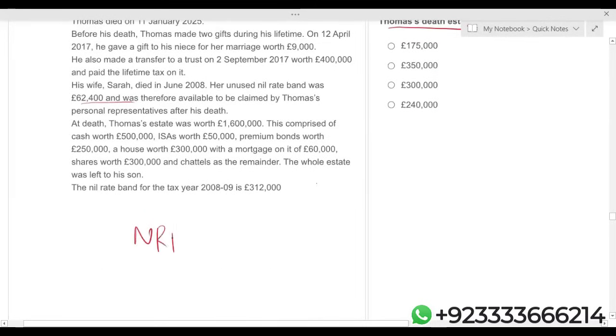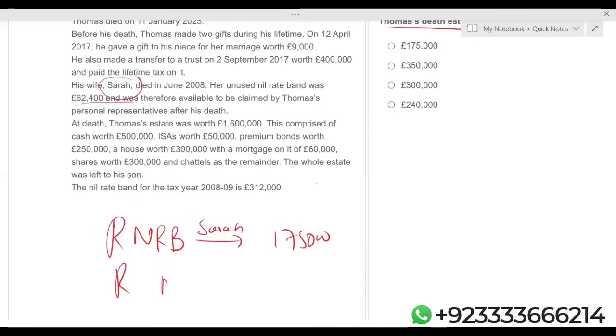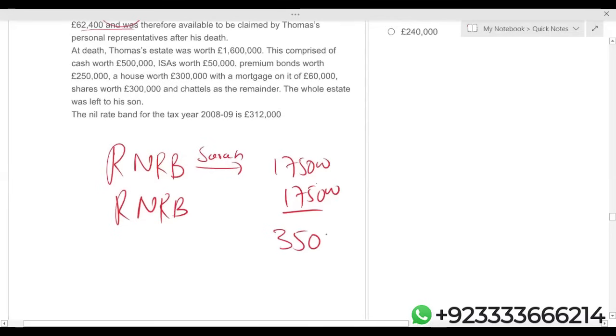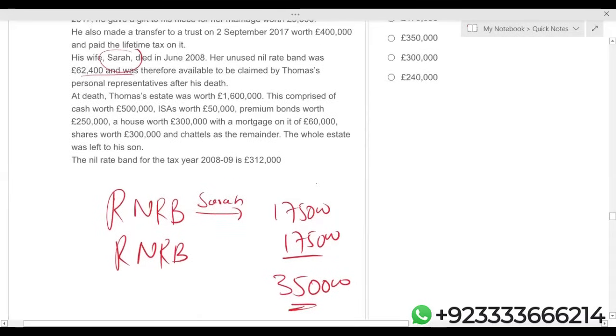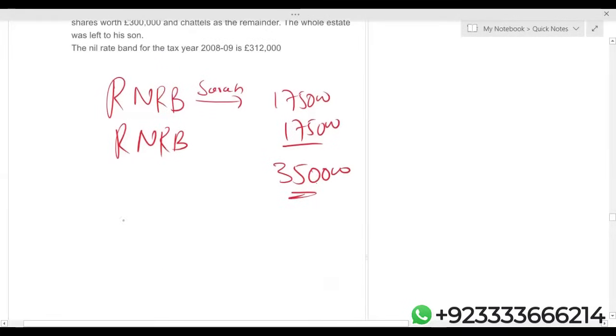Because of the wife, he will get 175,000. His own residence nil rate band is there also, 175,000. If you add both of them, 175,000 and 175,000, 350,000, we have to compare this with the main residence value. House worth is 300,000, but on this we have a mortgage of 60,000.